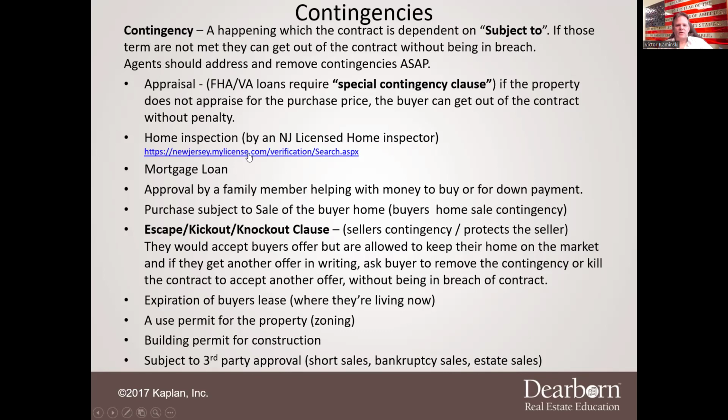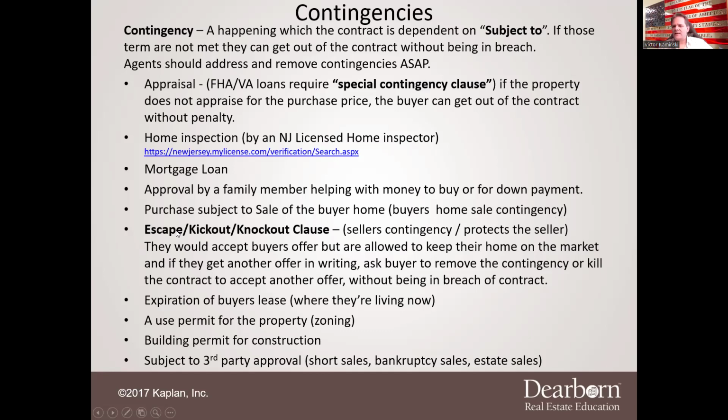Contingency could be based on a home inspection. Make sure that it is by a licensed home inspector. Remember, I gave you that link there where you could search to make sure their license is active. Contingent upon them getting a specific mortgage loan, or approval by family members who are helping out with the money, or contingent upon the sale of the buyer's current home.